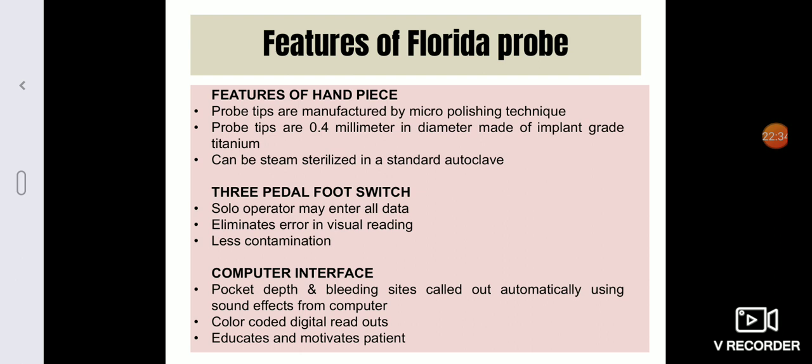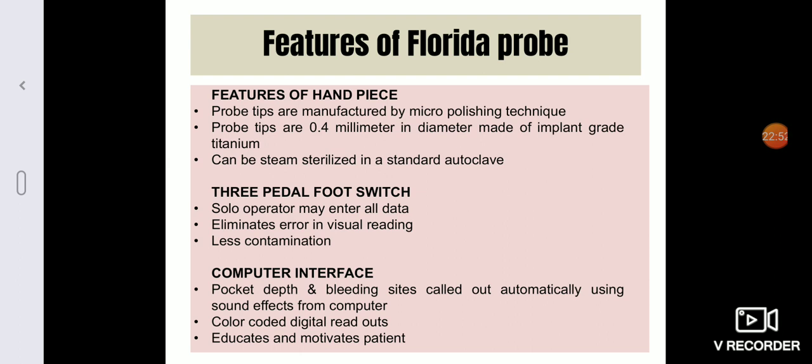Now, features of the Florida probe include, first, the features of the handpiece. This handpiece consists of tips which are manufactured by micro polishing techniques, and a constant force is provided.